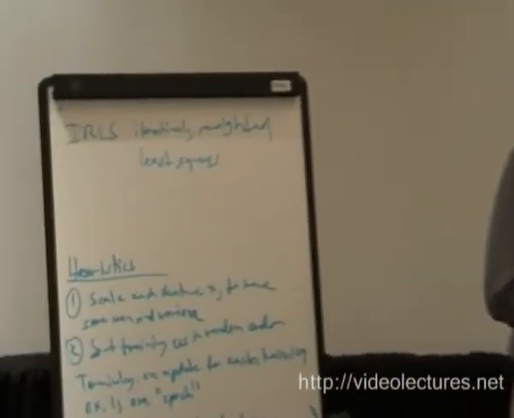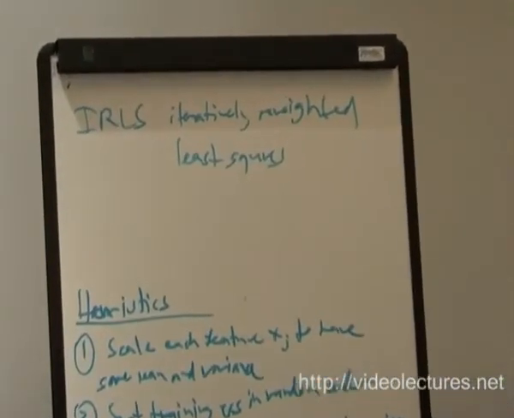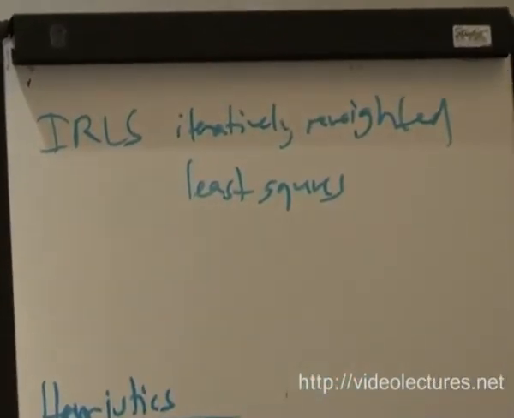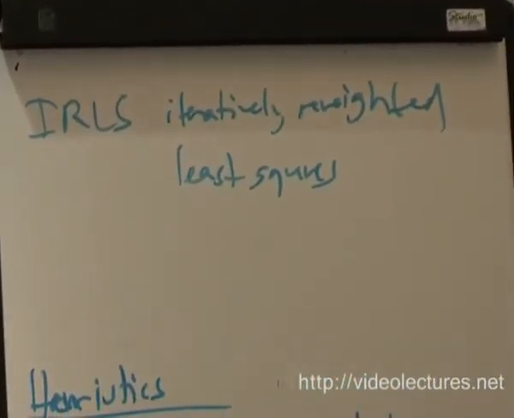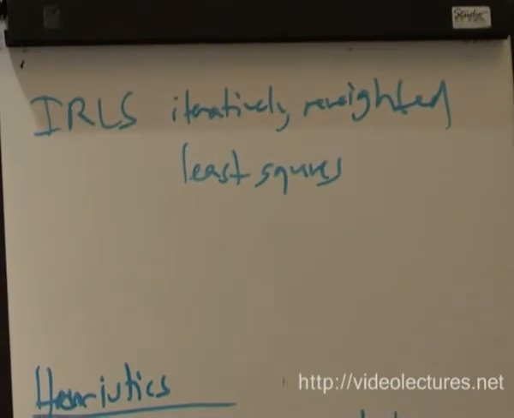So least squares refers to standard linear regression, and so you can solve a logistic regression problem by solving a series of linear regression problems. And then the linear regression problems you can solve using matrix operations.